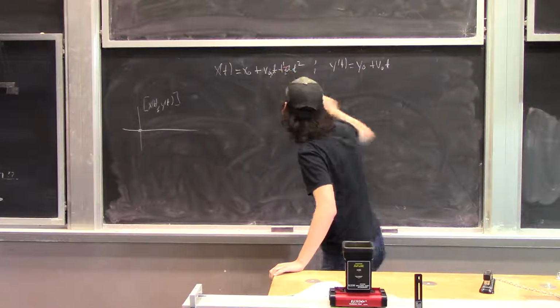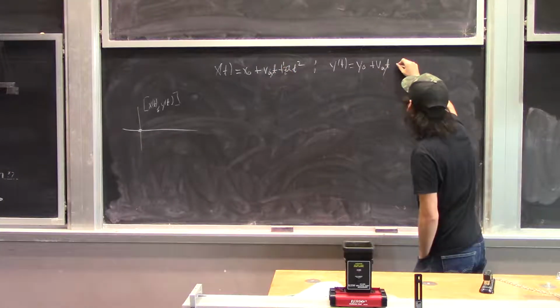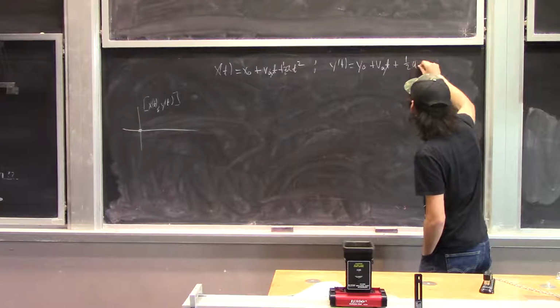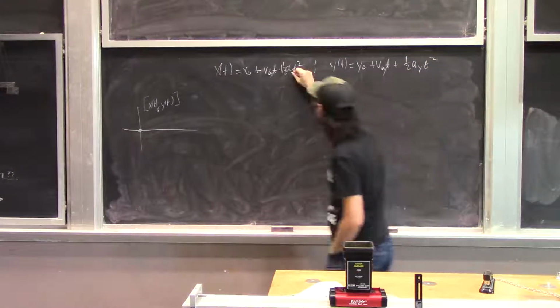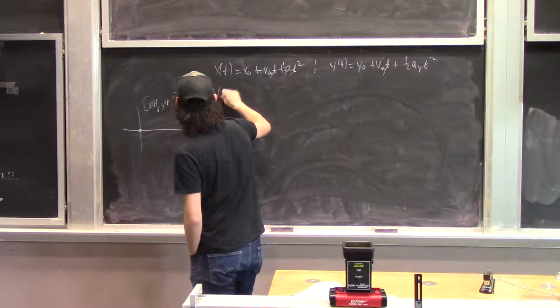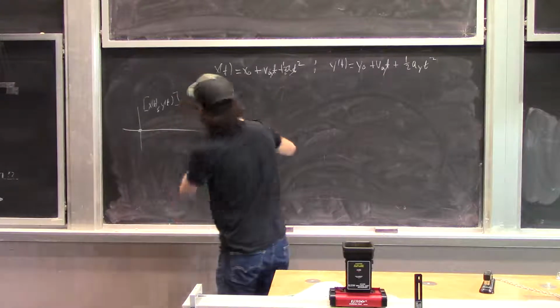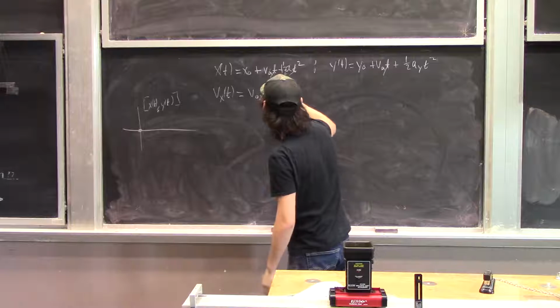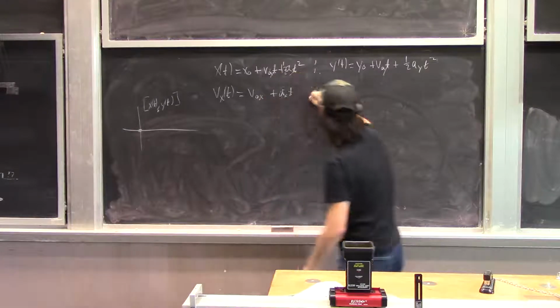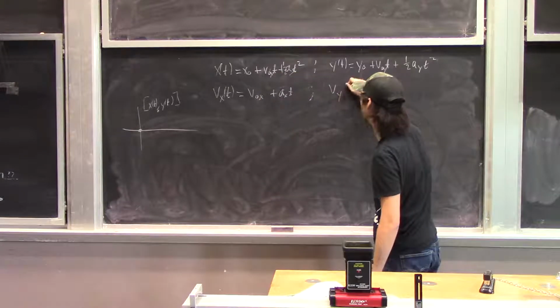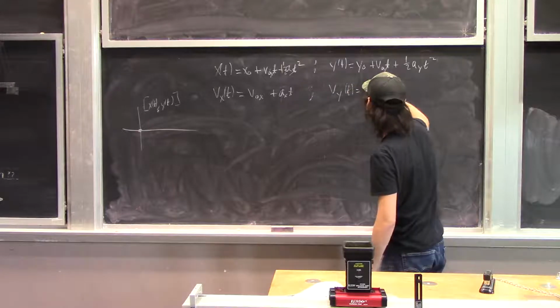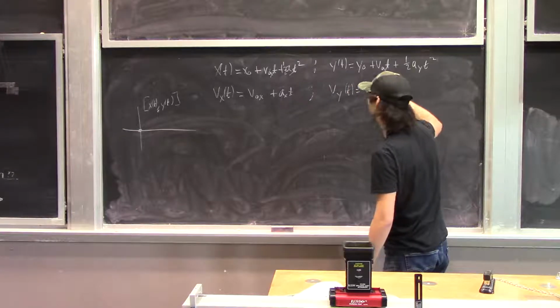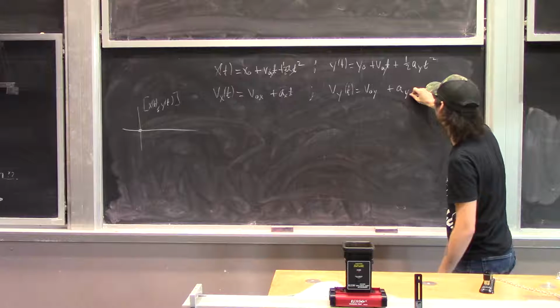So this is v0x, v0y, plus 1/2 a sub y t squared. And then some velocity equations. So the velocity in the x direction is v0x plus a sub x t, and v sub y of t is equal to v sub 0 y plus a y t.